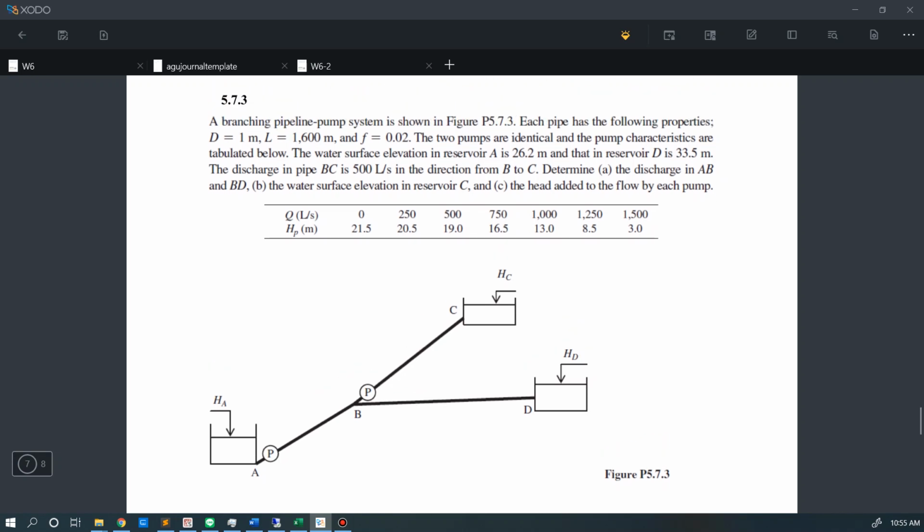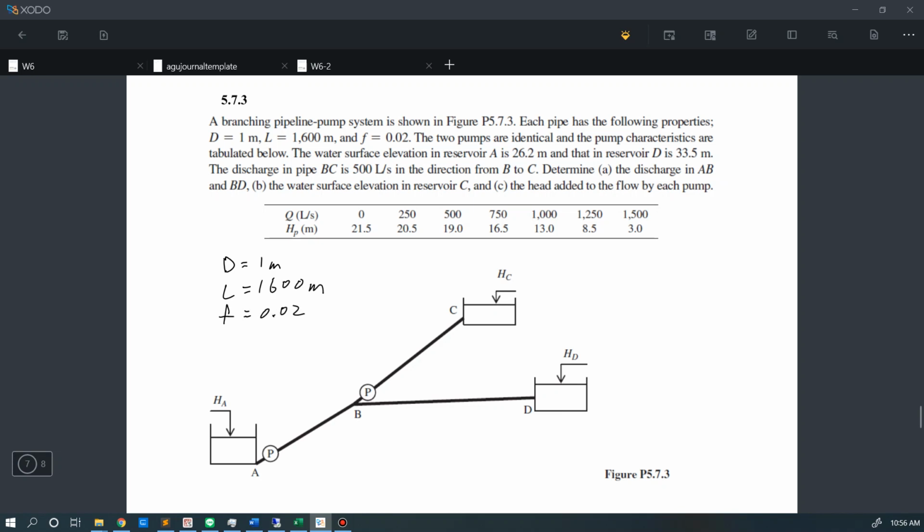So the problem says that all the piping here has diameter equal to 1 meter. The length of the pipeline of each segment is equal to 1,600 meter. The friction factor f is equal to 0.02.